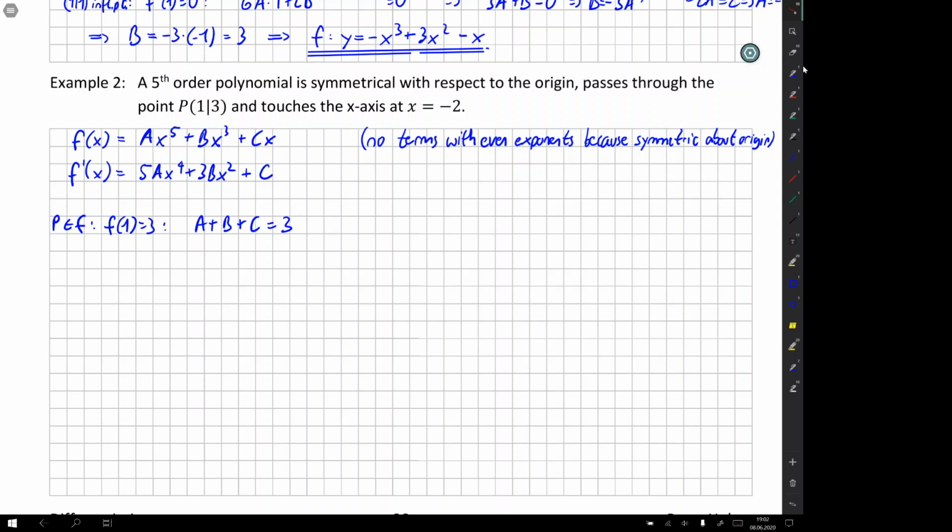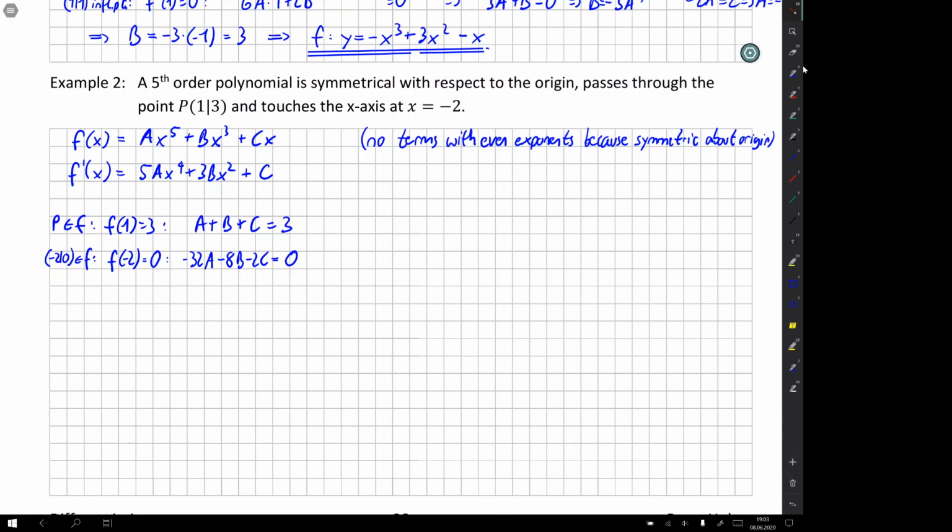Then the second one is about this point here. We know that the graph touches the x-axis at x equals -2, so the point (-2, 0) lies on the graph. So we have f of -2 equals 0, and we get this equation here. And then additionally we know this point does not only lie on the graph, but the graph touches the x-axis, which means the derivative is 0.